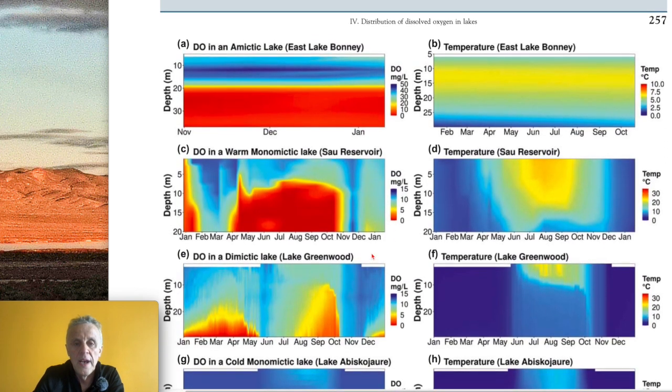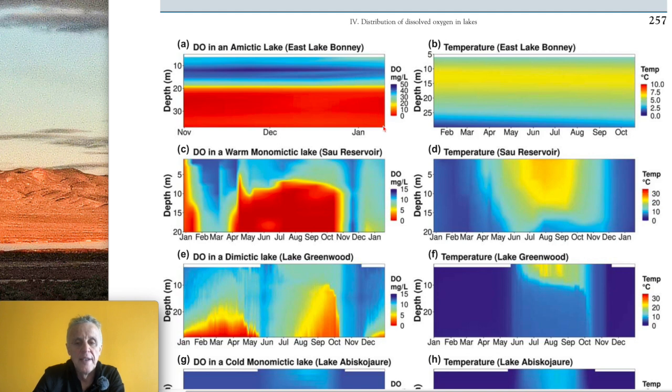So we have Lake Bonny here. On the left, we have the distribution of dissolved oxygen with depth. Depth is on the y-axis, and on the x-axis we have months from November through, probably, early February or something to that effect.